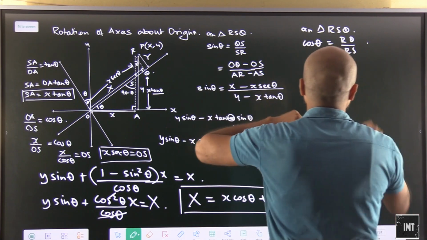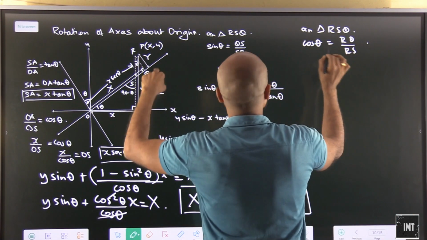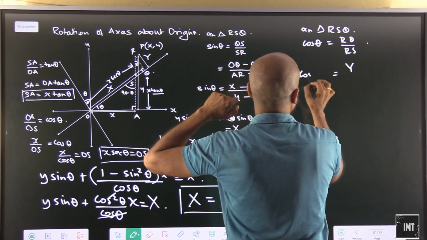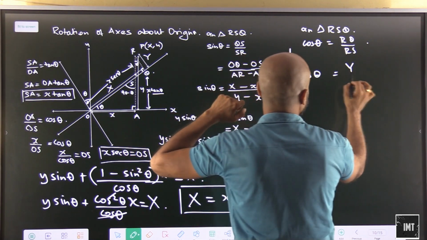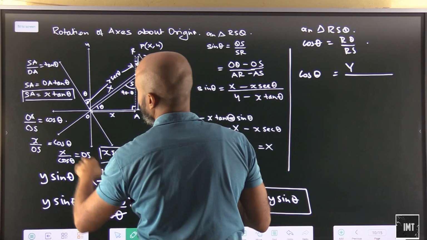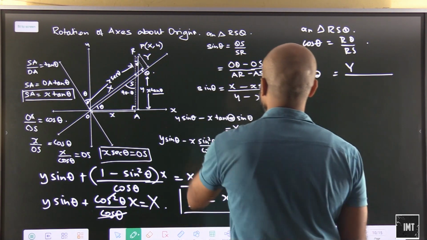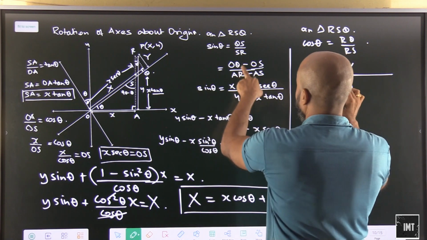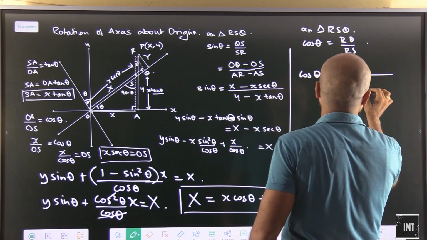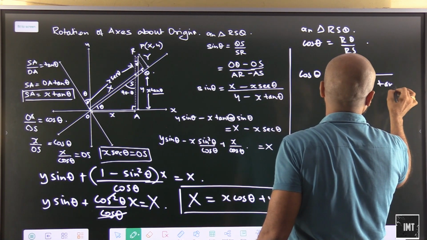RQ we know is y, and we have already calculated RS, which is AR minus AS, that is y minus x tan theta.